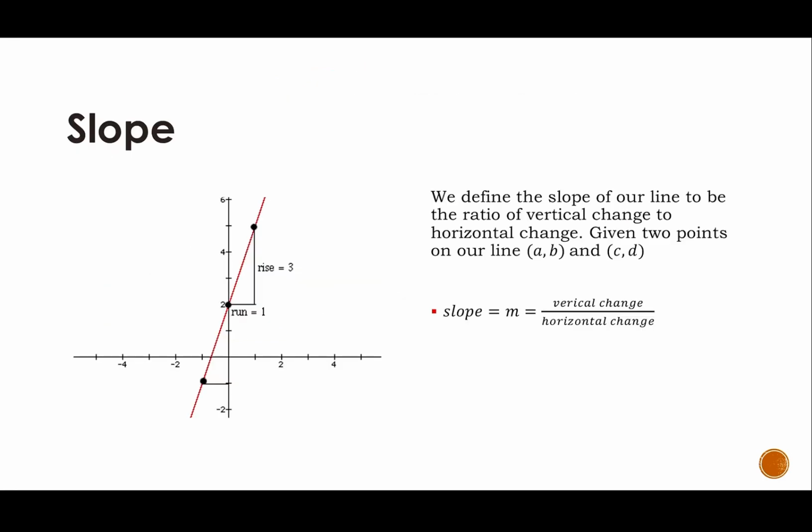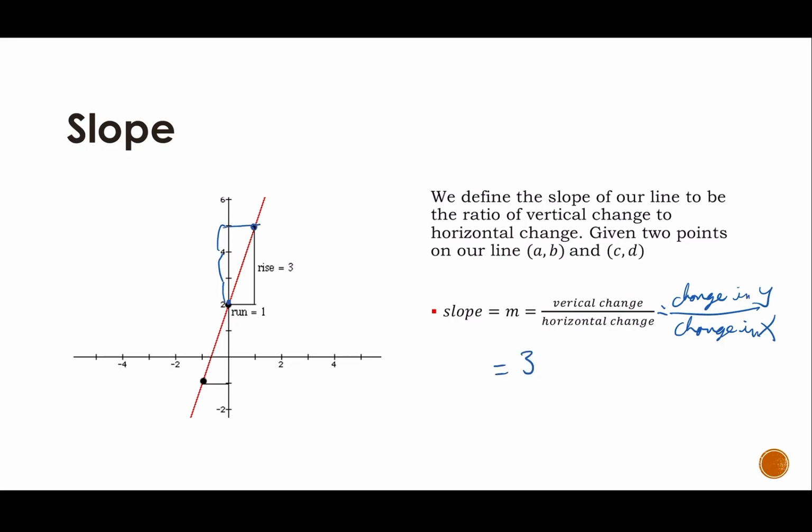Slope, we define over a line to be the ratio of our vertical change to horizontal change. So it's the change in y over the change in x. So here on this line, I go up 3. So my y between these 2 points changes 3.